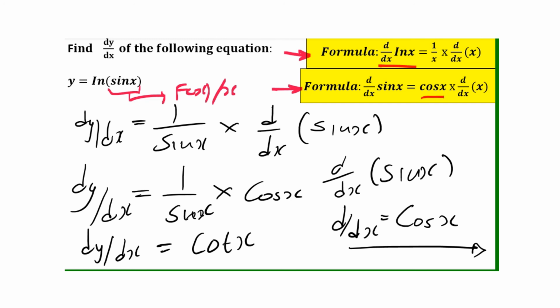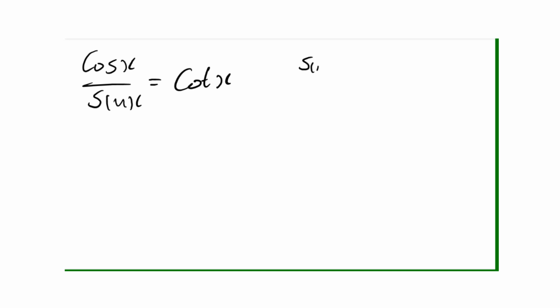Okay, so let me just write those inverses for you guys. If you have cos x over sine x, it equals cot x. Sine x over cos x equals tan x, so basically the inverse of tan is cot.